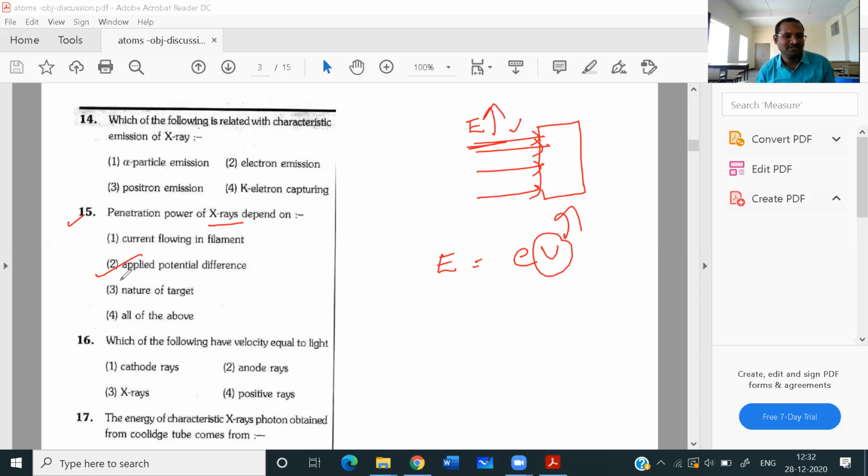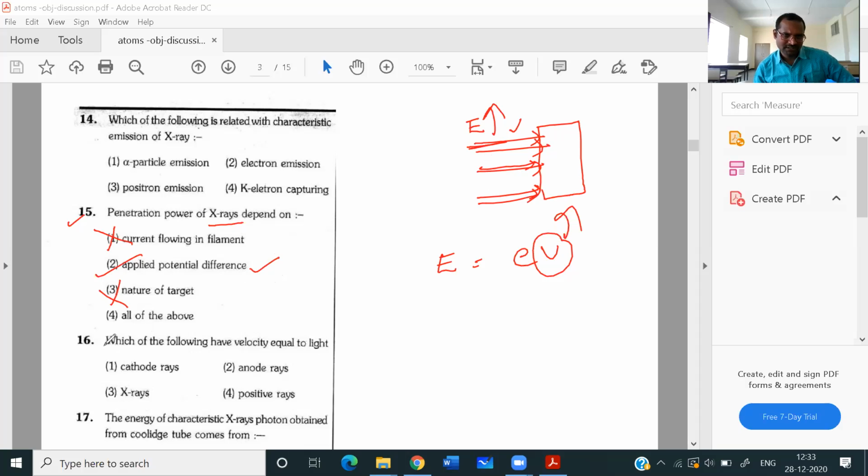It doesn't depend upon the nature of the target, nor the current flowing through the filament. When the filament current increases, the number of electrons from the filament increases, but the energy of those electrons does not. So penetration power depends upon the potential difference that we apply.